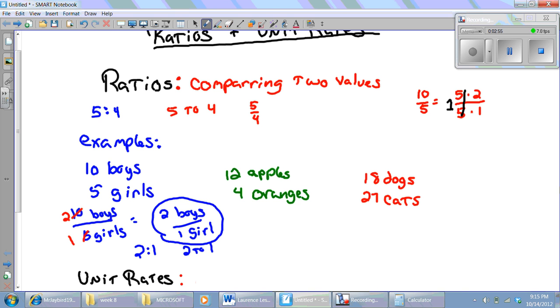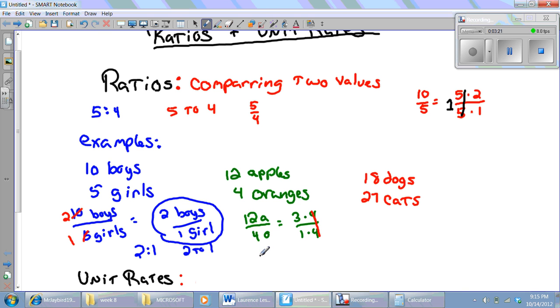Now, if we have 12 apples and 4 oranges, that would be 12 apples to 4 oranges. And again, I'm going to simplify this. I think about the 12 as 3 times 4, and I think about the 4 as 1 times 4. And then look at this. These 4's can cancel, leaving me 3 to 1.